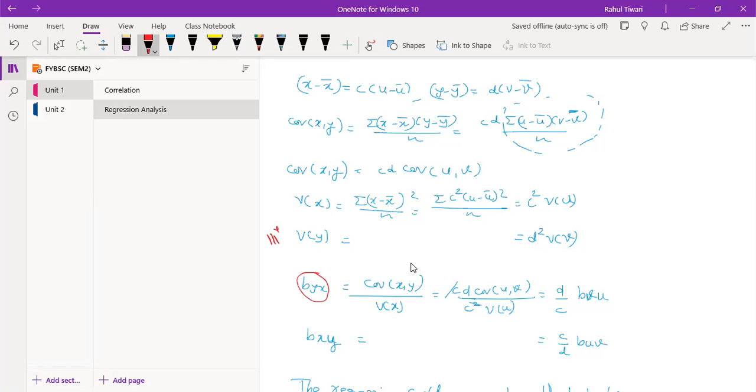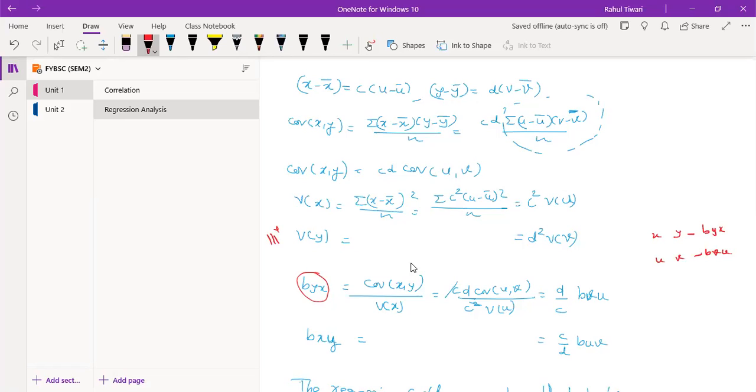This is nothing but the regression coefficient between v and u, or I can say regression coefficient of v on u. So it is something like, we have x and y, the regression coefficient will be byx. Similarly, we have u and v, so it will be bvu. Similarly, if you have bxy, then you will get buv.